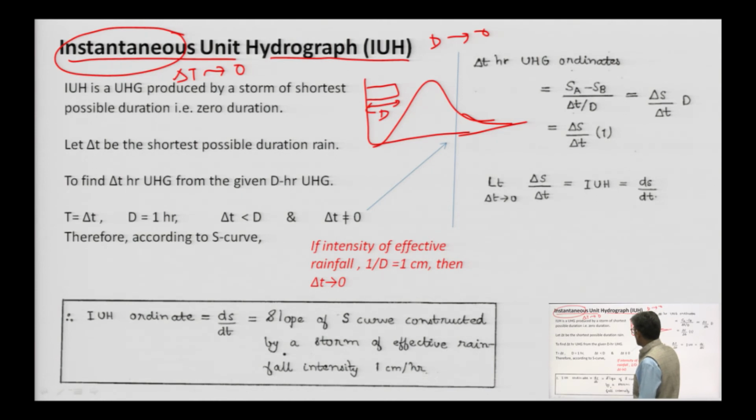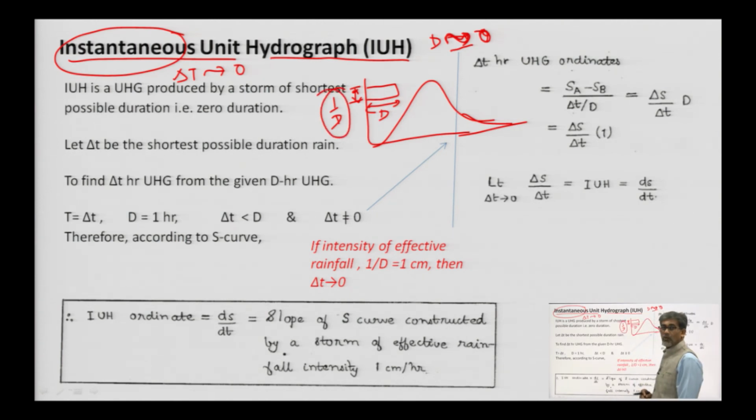This is actually 1 by d. d is not actually 0, it is tending to 0. If it is tending to 0, then 1 by d will be very high, very large.